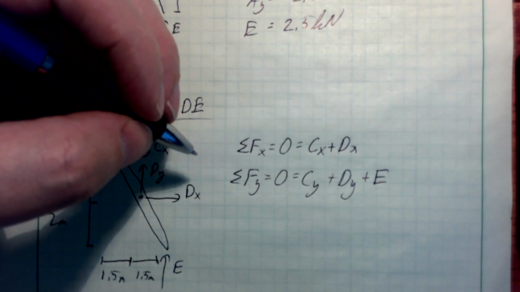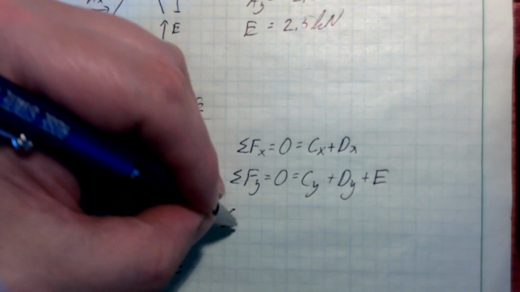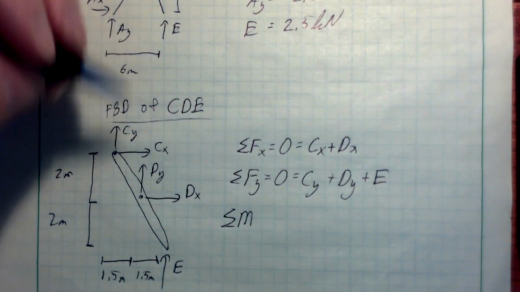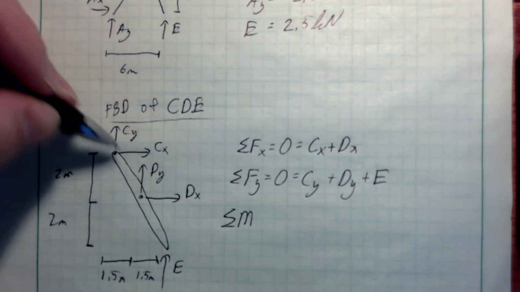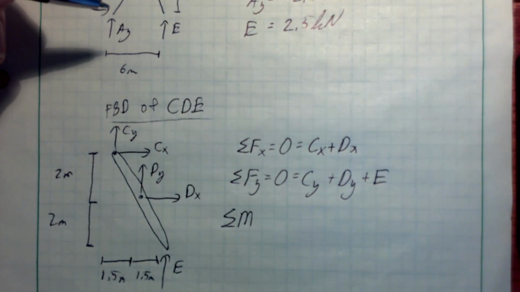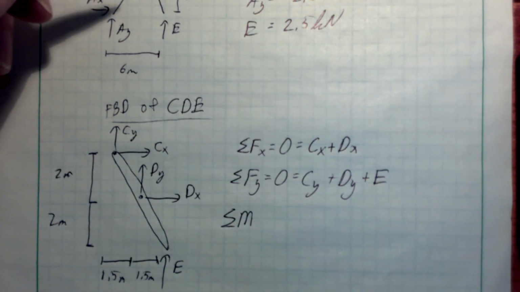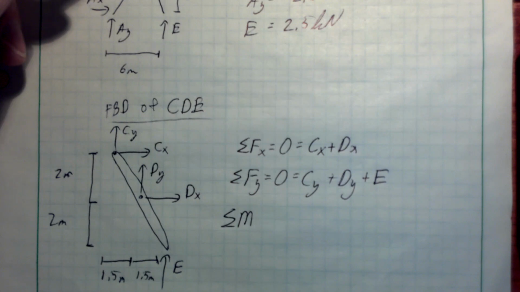What I can do, though, is take the sum of moments about some point. I've got 3 points here I could take the moments about. Which one? Well, there's not a right or wrong one.